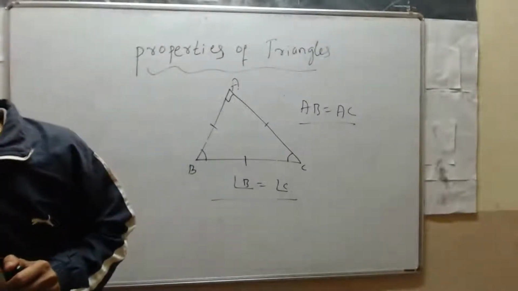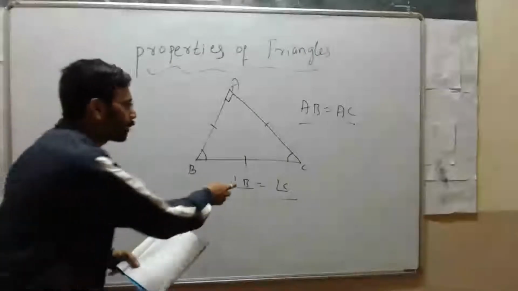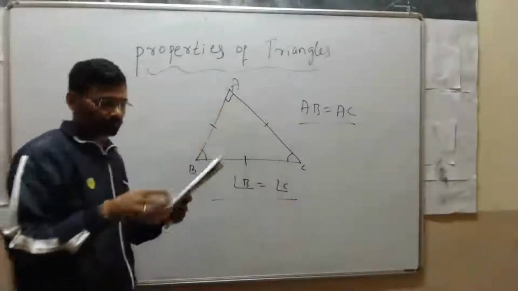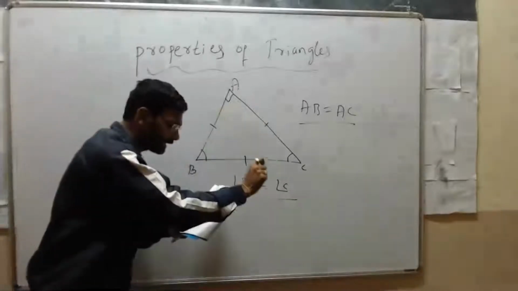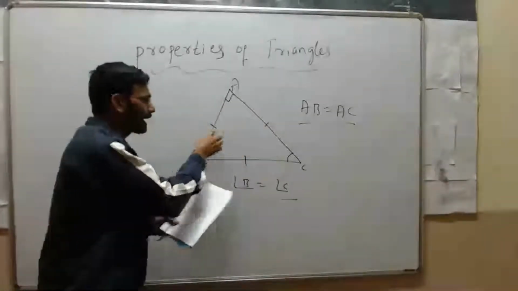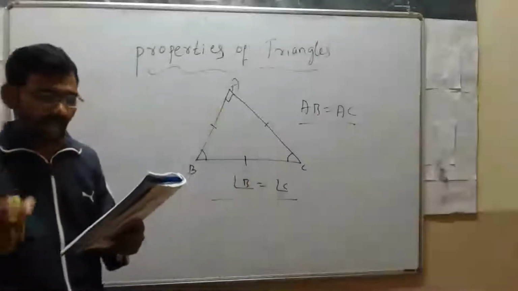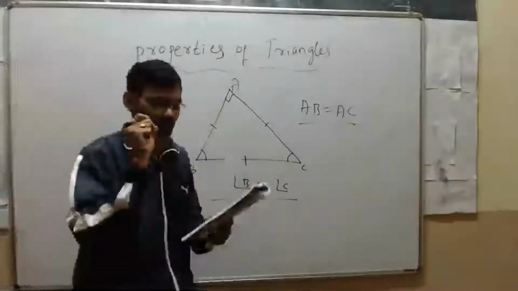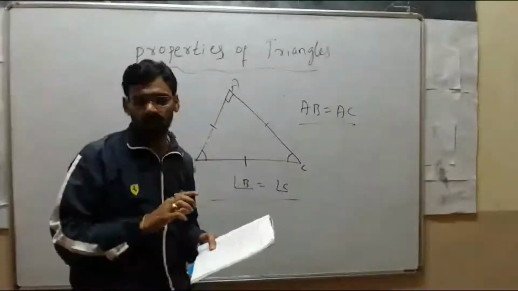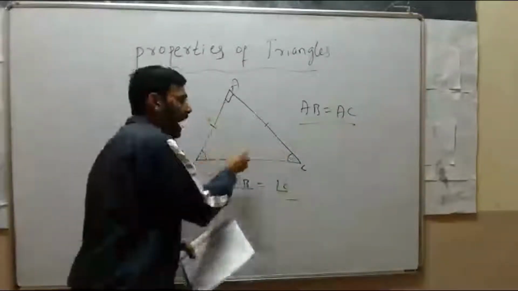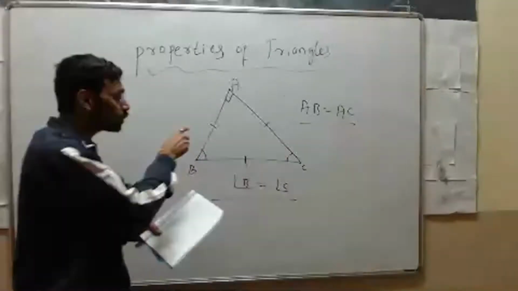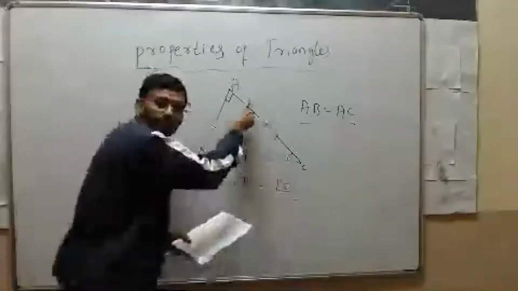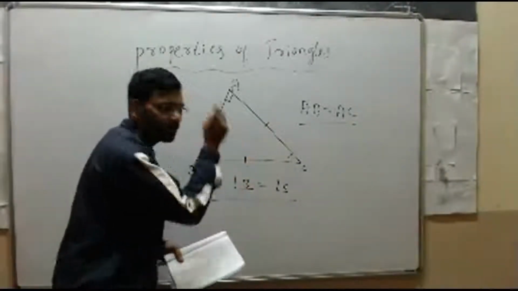Therefore, angles opposite to the equal sides of an isosceles triangle are equal to each other.